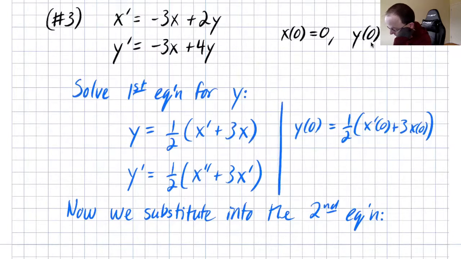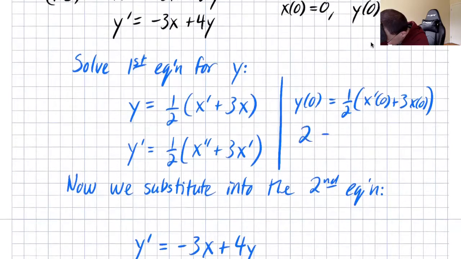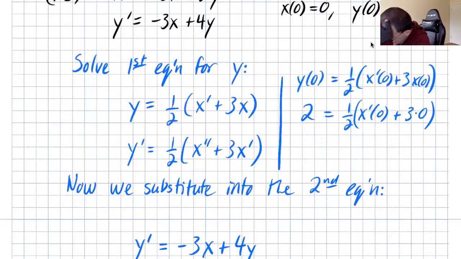So therefore we get 2 is equal to 1/2 x prime of 0 plus 3 times 0. And so therefore x prime of 0 is equal to what? This is 0, so that goes away. So 2 times 2 is 4, so it's equal to 4.